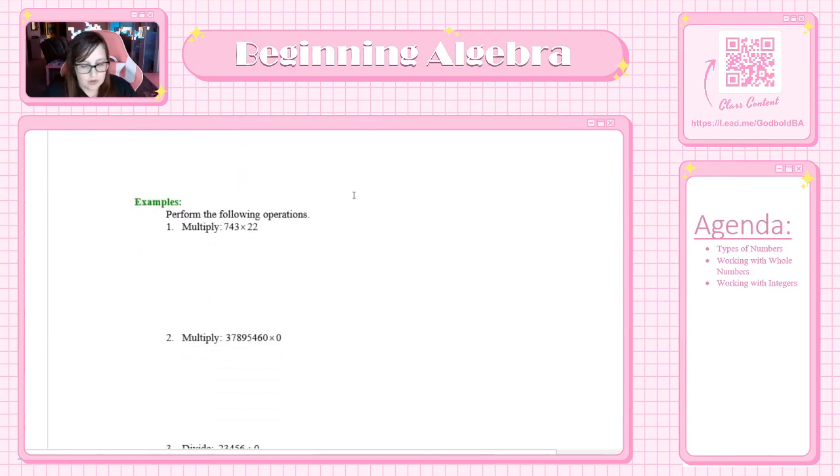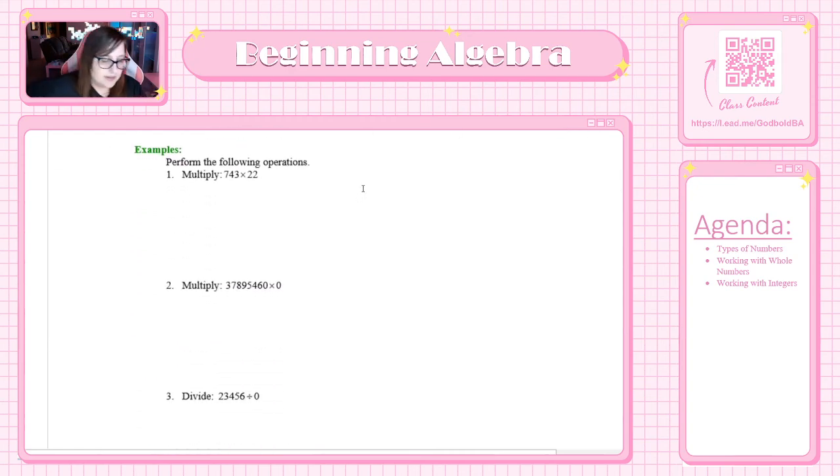So okay, let's do some multiplication. Okay, 743 times 22. When you do multiplication, you want to go by each digit on the bottom factor. Remember, in multiplication, they're both called factors.